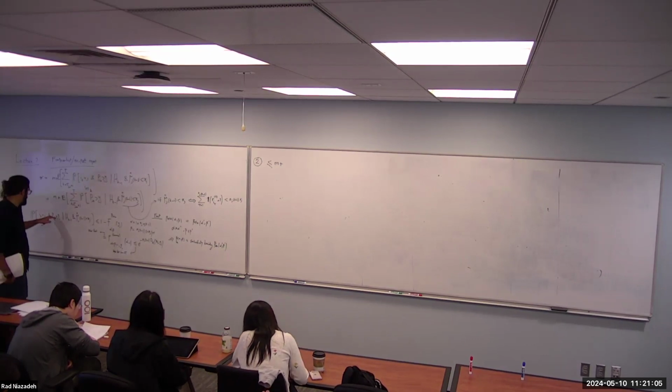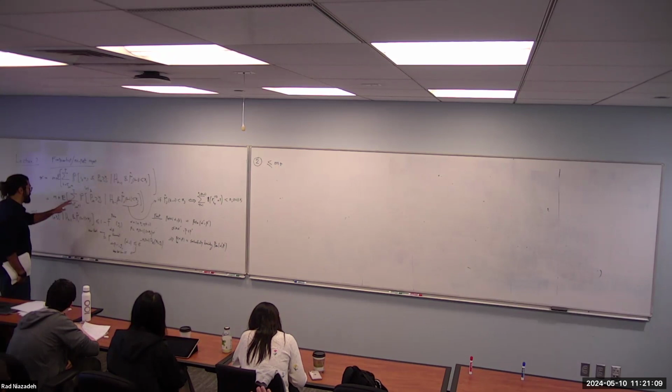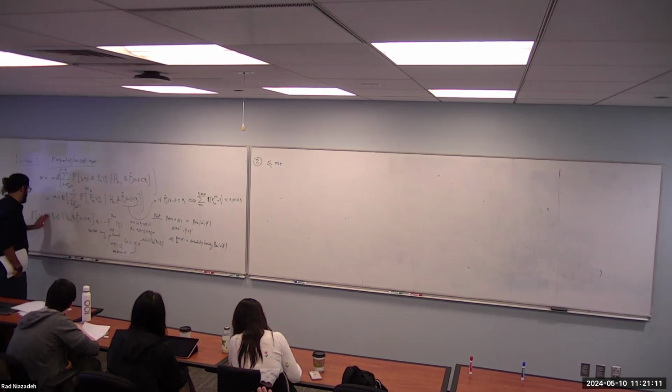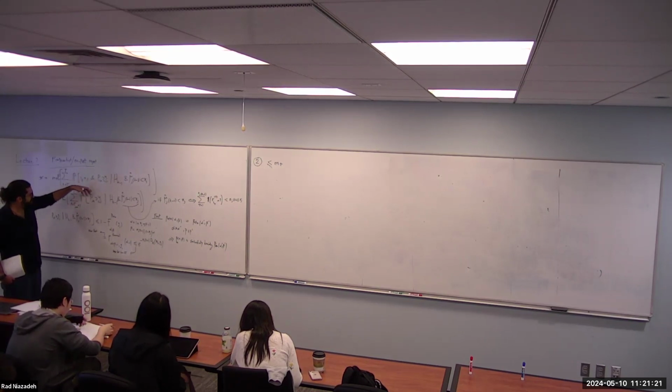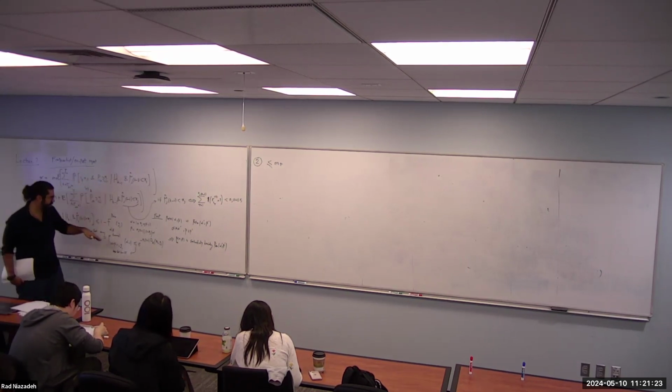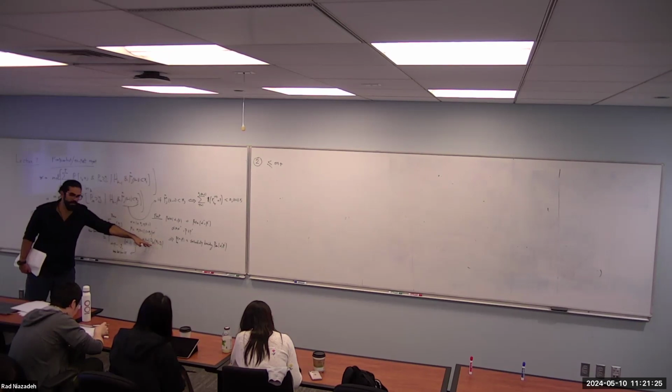But I'm upper bounding this second term. Here I'm actually just upper bounding this term, and then this can be written down as the probability of this condition times the probability that it is equal to j conditioned on the rest. So this part is going to be upper bounded by this term.